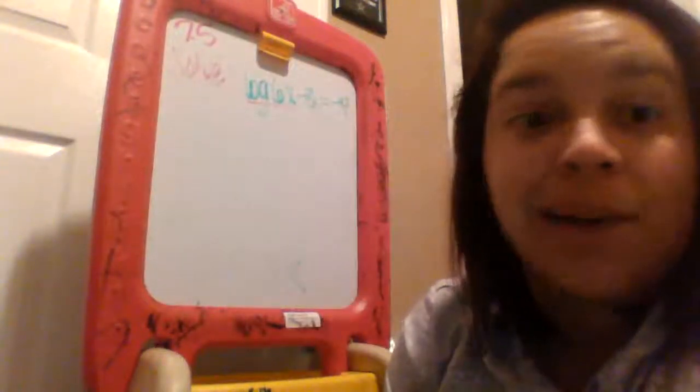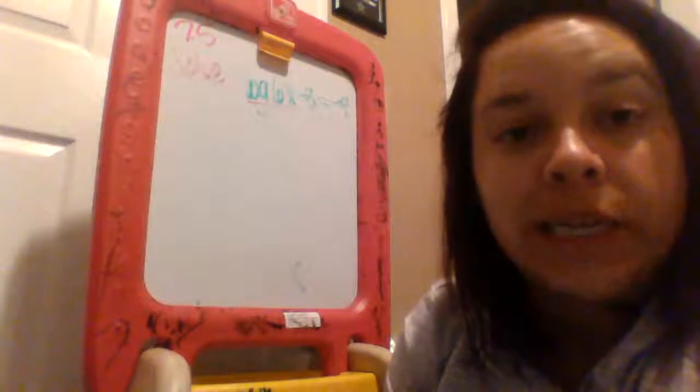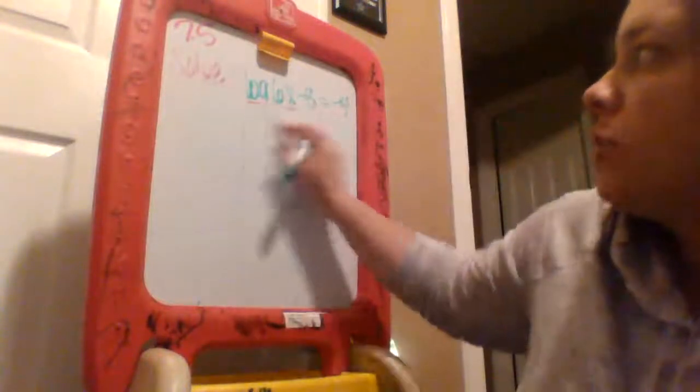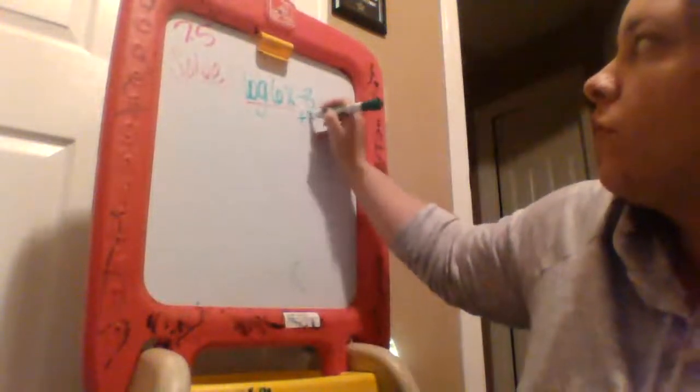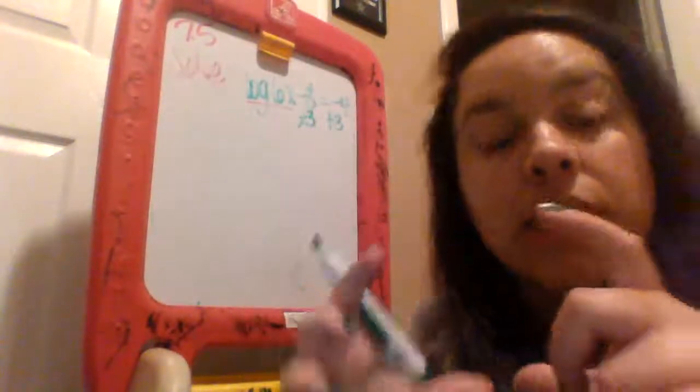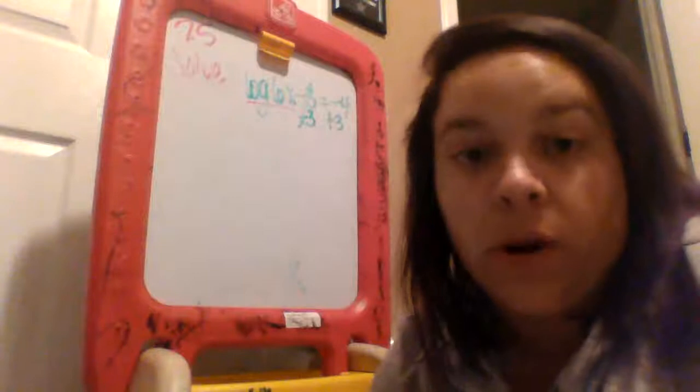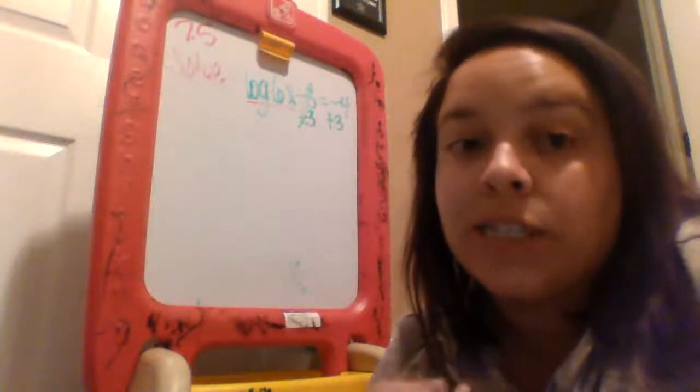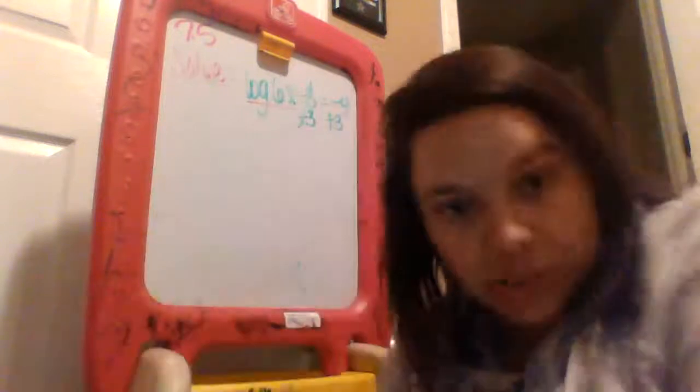This minus 3 is not in parentheses, so it's not part of the log. So you would need to isolate the log first. So that means you need to get this part by itself first. So you'd first have to add 3. Now the other one I did, it was in parentheses to show you that all of it was part of the log. This one, just that 6x is part of the log, so it's the log of 6x minus 3.